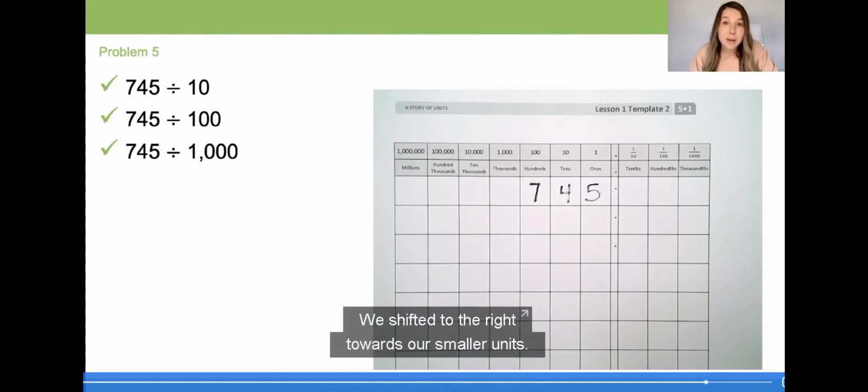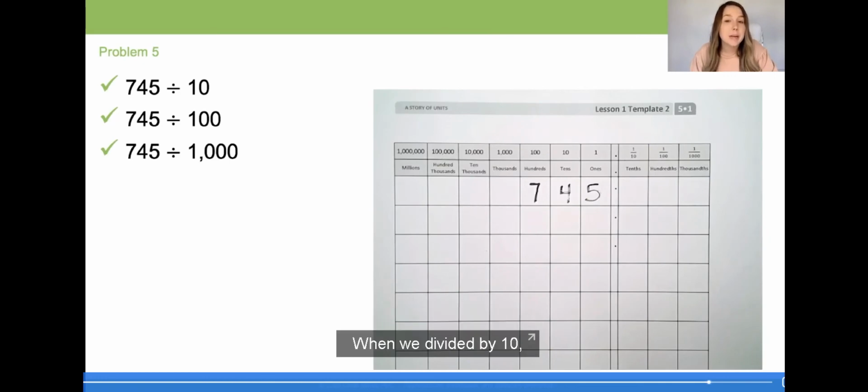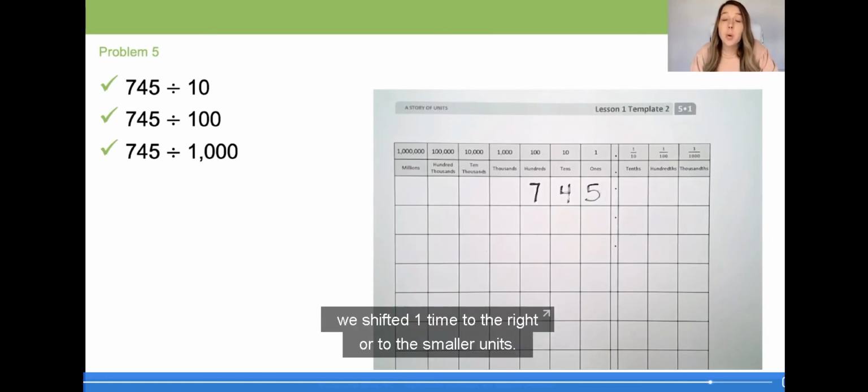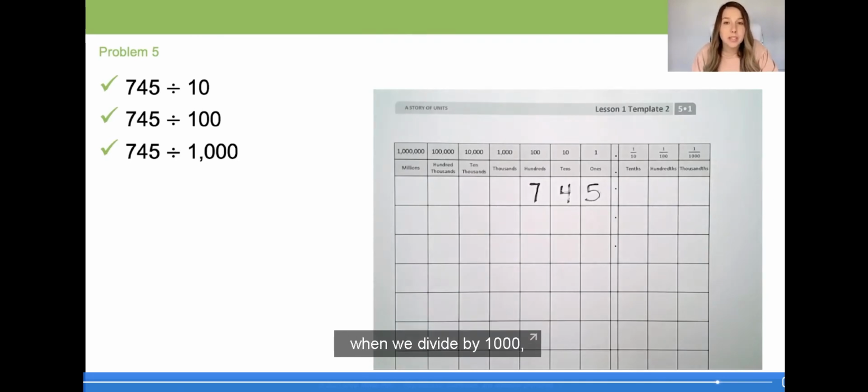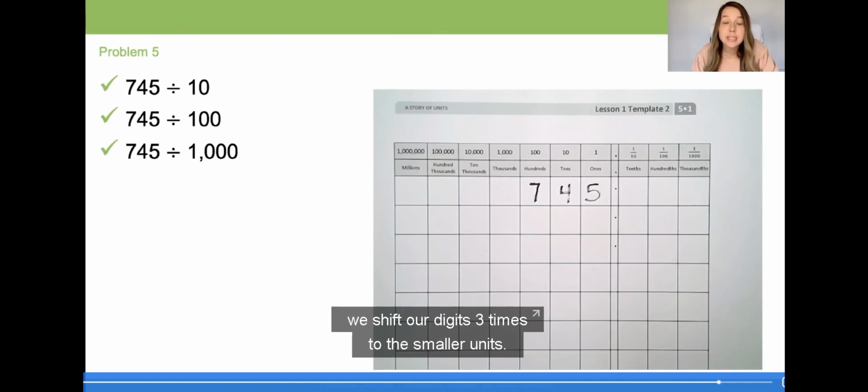We shifted to the right, towards our smaller units. When we divided by 10, we shifted 1 time to the right or to the smaller units. When we divided by 100, we shifted 2 times. And finally, when we divide by 1,000, we shift our digits 3 times to the smaller units.